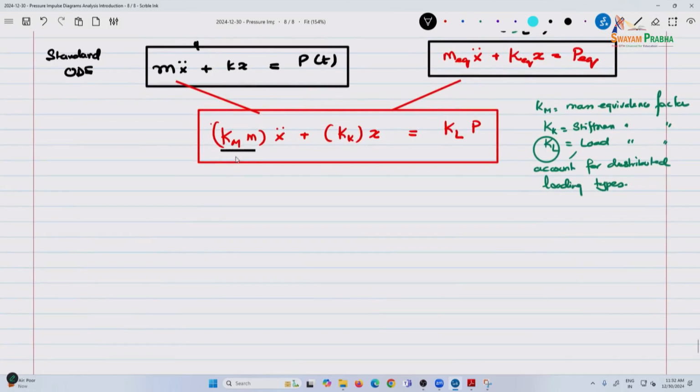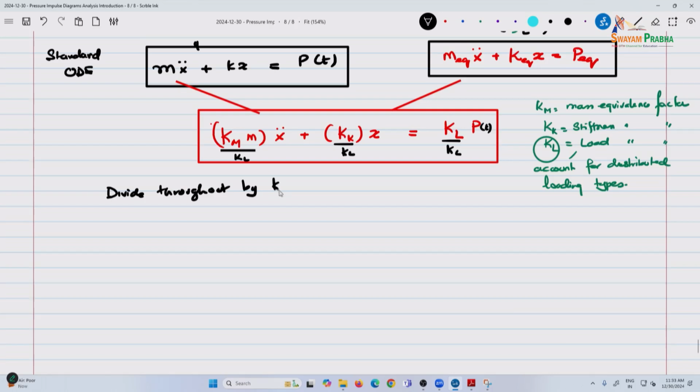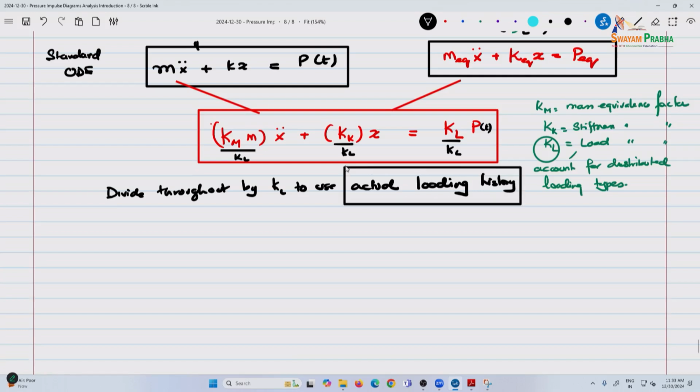So now we make a little change here: divide all of it by KL, where P is a function of time. The reason we do that is to use the actual loading history. That is the main purpose. So when you use the nonlinear program, you can give a P versus T curve from your experiments.